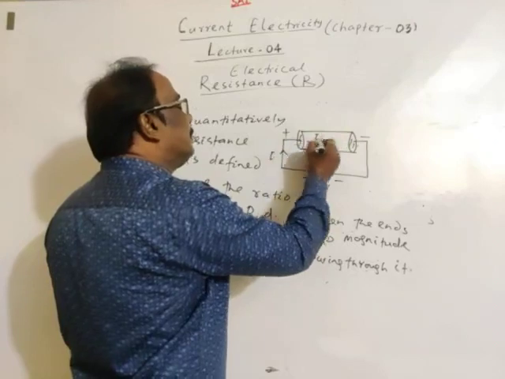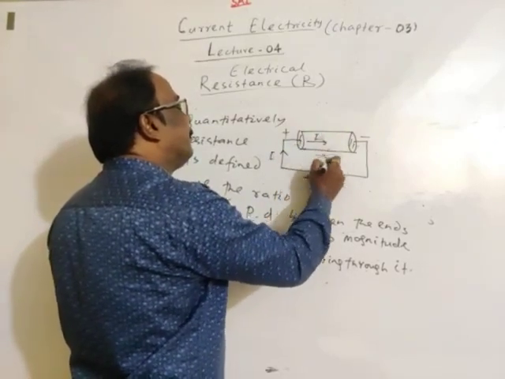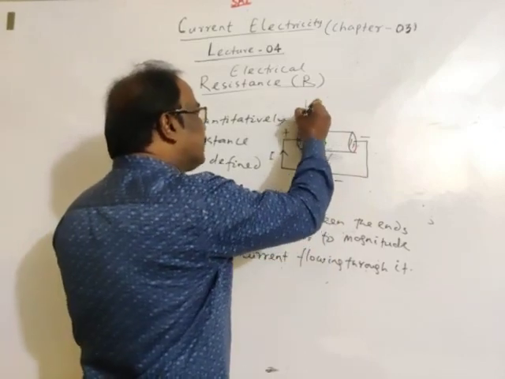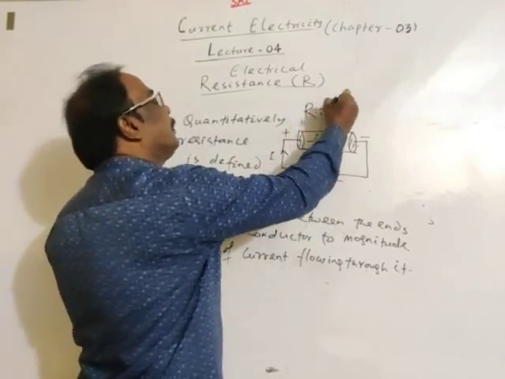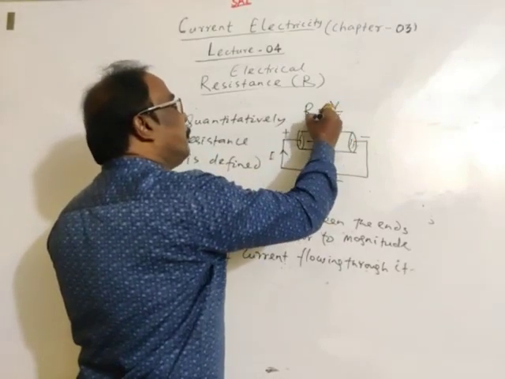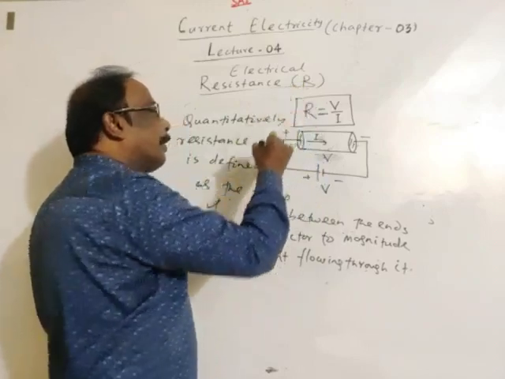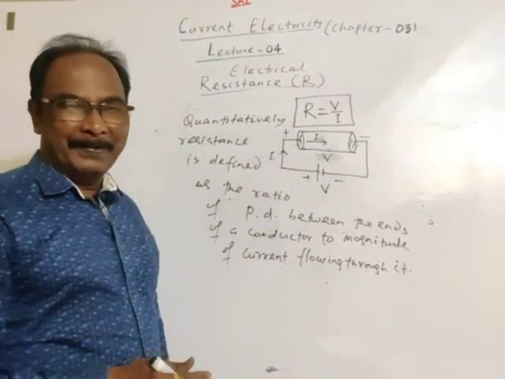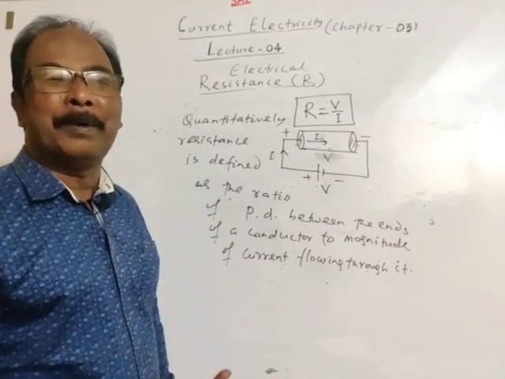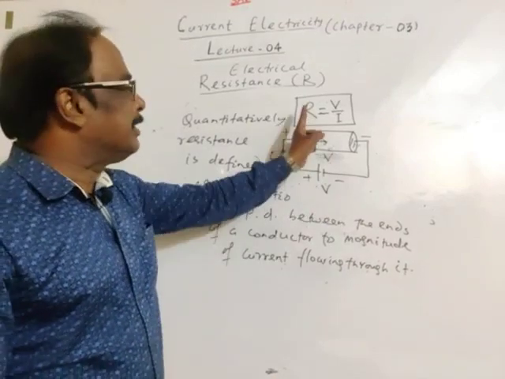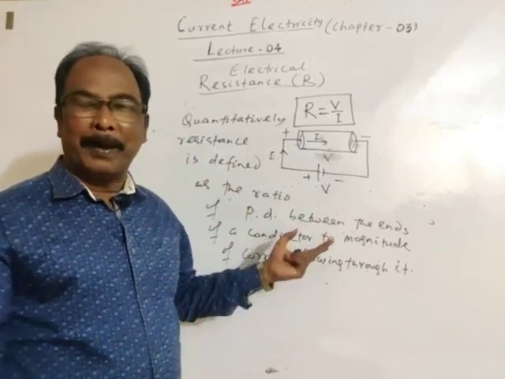Between positive and negative, we have taken the potential difference V. So the resistance of the conductor is the ratio of potential difference to the magnitude of current flowing through the conductor. This is the quantitative definition of resistance.